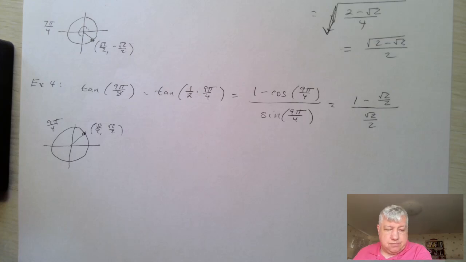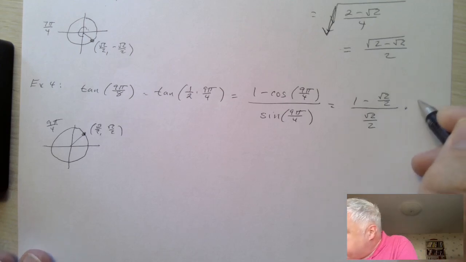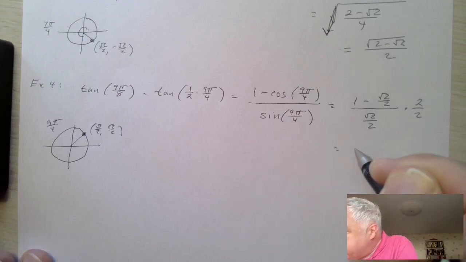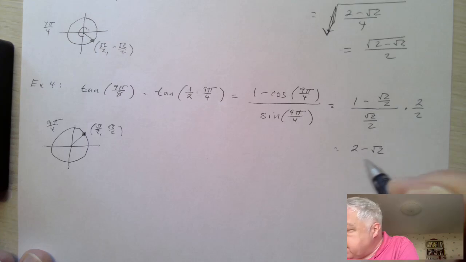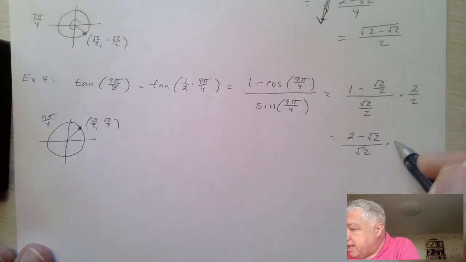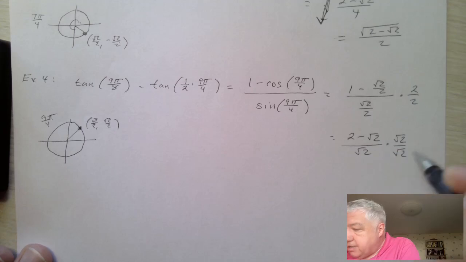And if we multiply and divide by 2, this is going to be 2 minus square root 2 over square root 2. And let's probably rationalize this just for good measure.